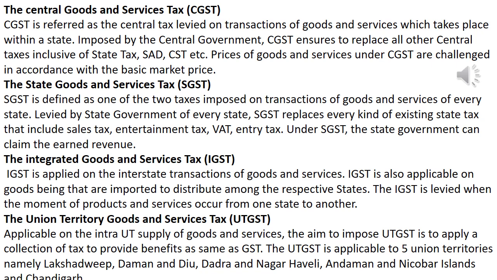Integrated Goods and Services Tax is imposed between the respective states when there is a movement of products and services between those two states. And Union Territory GST applies to the particular union territories, only 5 of them: Lakshadweep, Daman and Diu, Dadra and Nagar Haveli, Andaman Nicobar Islands, and Chandigarh. Only these 5 union territories are applicable for the intra-UT supply of goods and services tax.